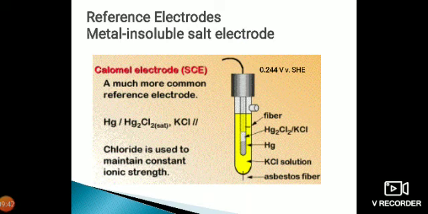Here the chloride is used to maintain a constant ionic strength. For the standard calomel electrode, where a saturated solution of KCl has been used, the potential is given as 0.244 volts at standard conditions, calibrated versus the standard hydrogen electrode.